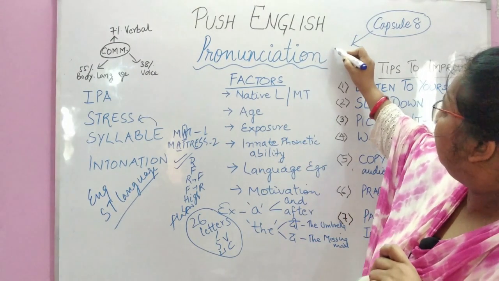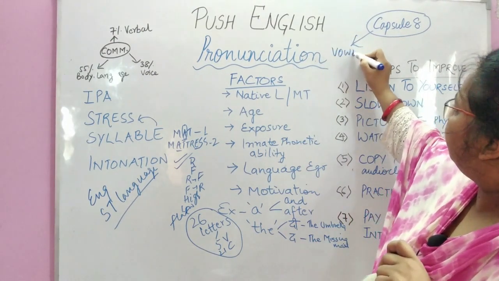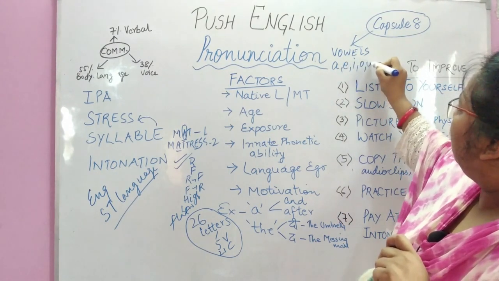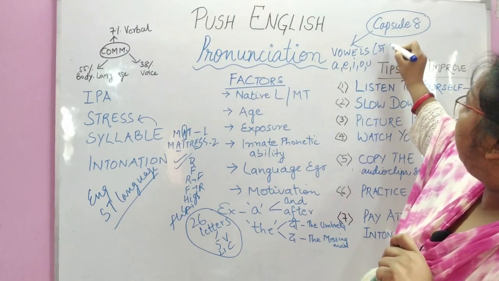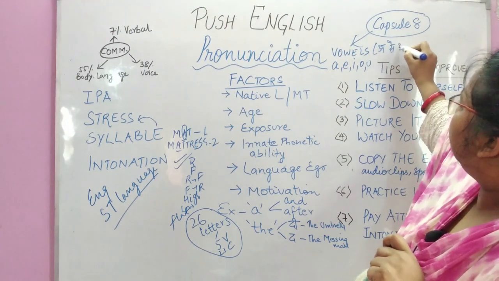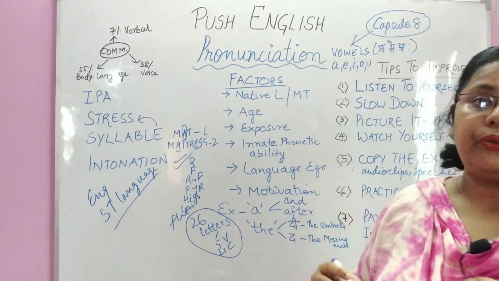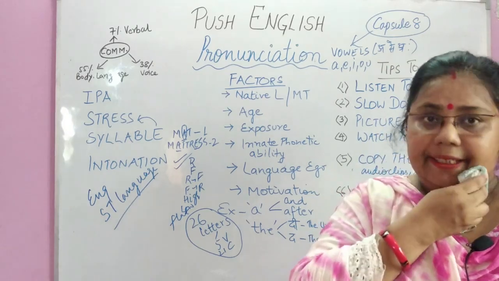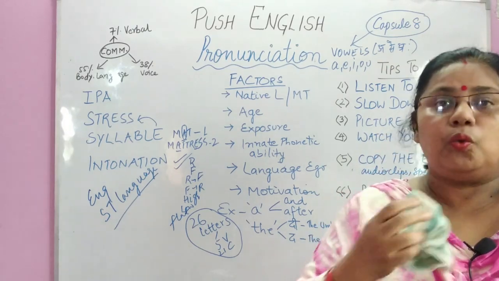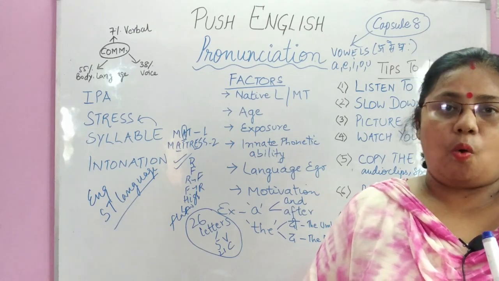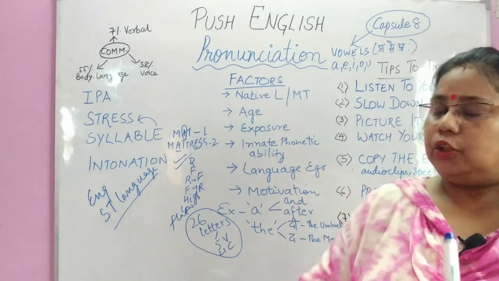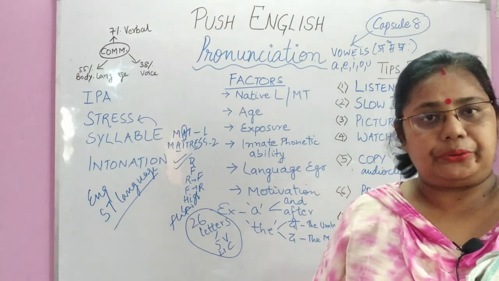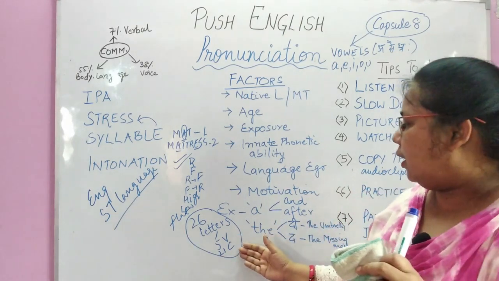But just to begin with, it becomes very easy when I relate it with Hindi: all the sounds from अ to अः are called vowels, like अ, आ, ई, उ, ऊ, ए, ओ, औ, अं, अः. So these are all vowels, and all the remaining alphabets are consonants. We can discuss those later.